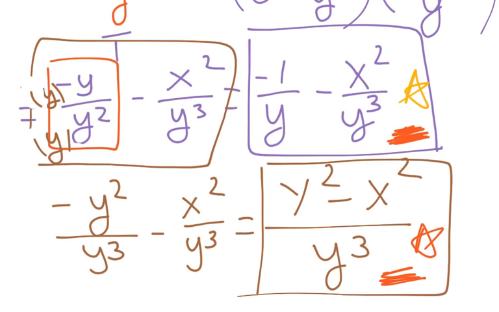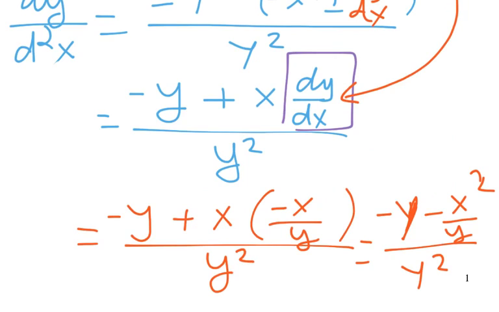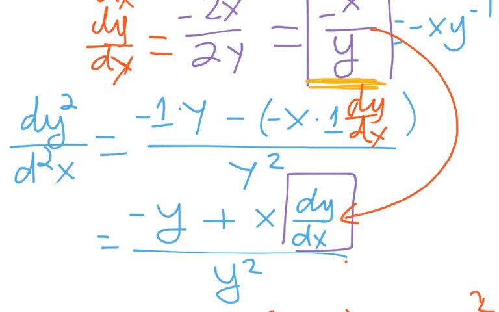The one problem is when you get dy over dx in your second derivative, you need to go back, pull the first derivative and substitute it in, then simplify.